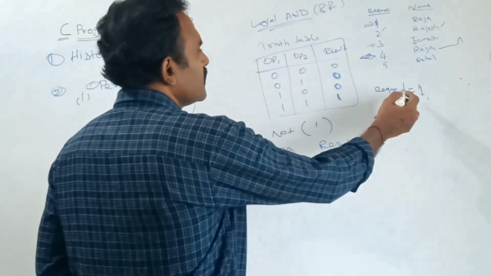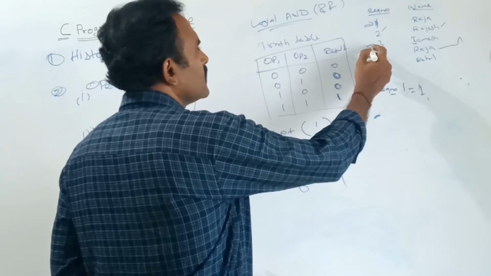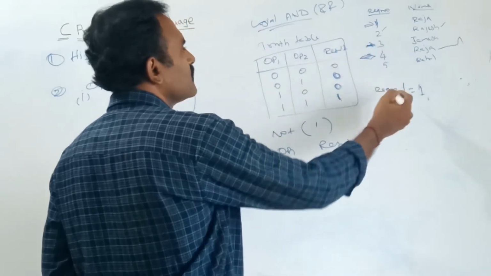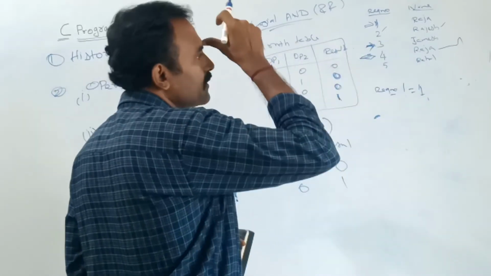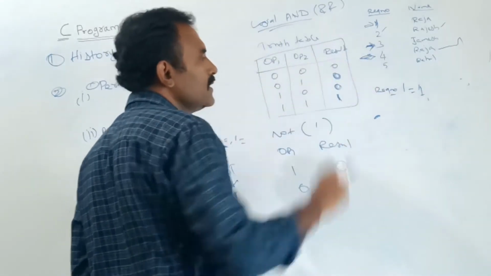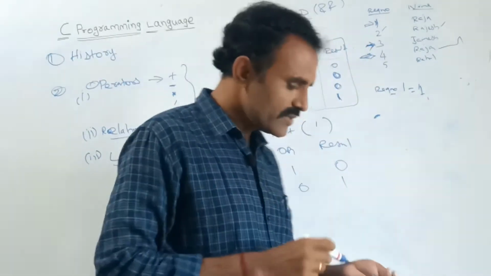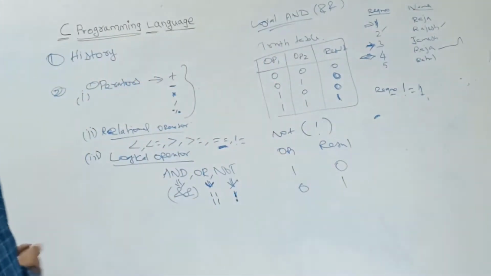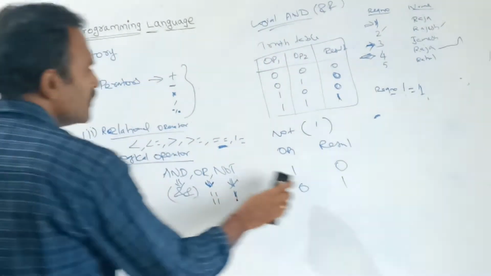Suppose register number not equal to 3, it will display every register number except 3. So these are the logical operators used in C programming.